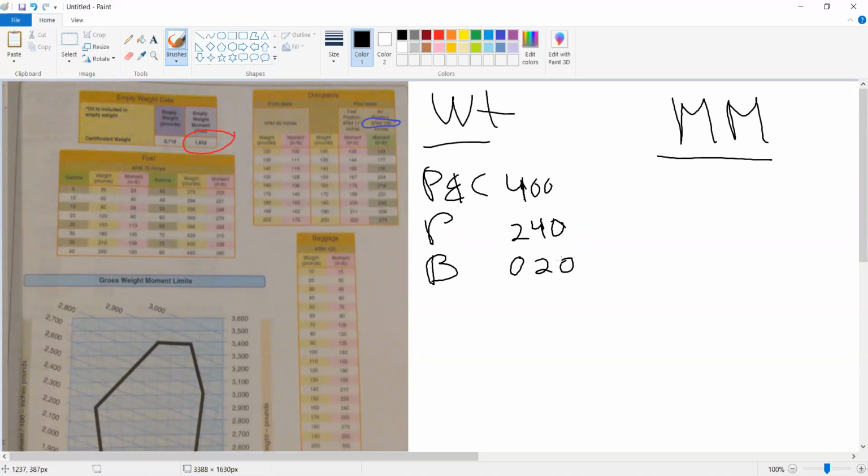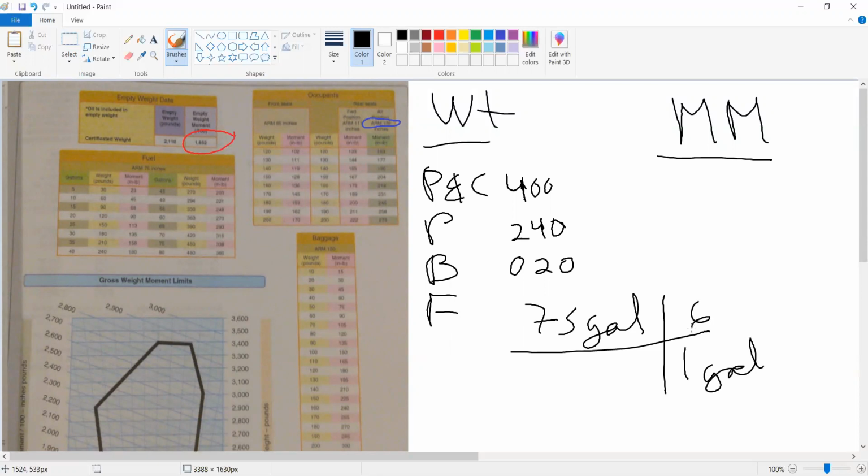That's great. Once again, fuel, they're giving us 75 gallons. I'll just write that here, that's not good. We need to do our conversion factor. For each gallon, there are 6 pounds.